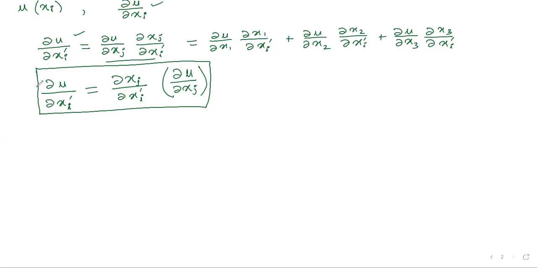And why are we discussing this? We are discussing this because if we look closely and compare it with how the differentials of coordinates transform under a coordinate transformation, the relation we had obtained was something like this: dxi prime is equal to ∂xi prime/∂xj dxj.